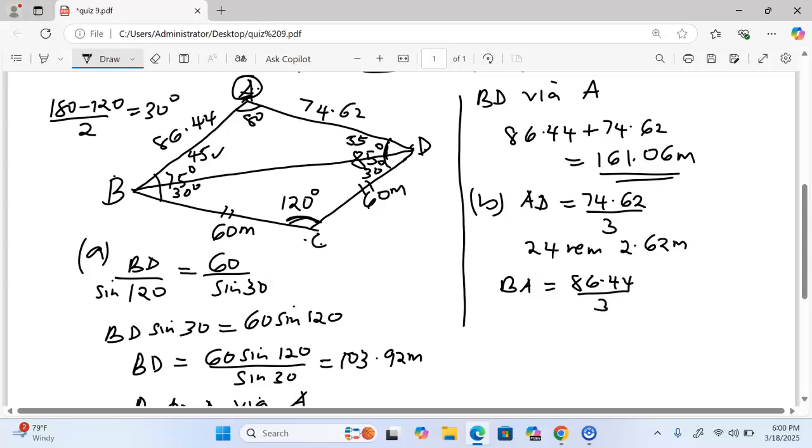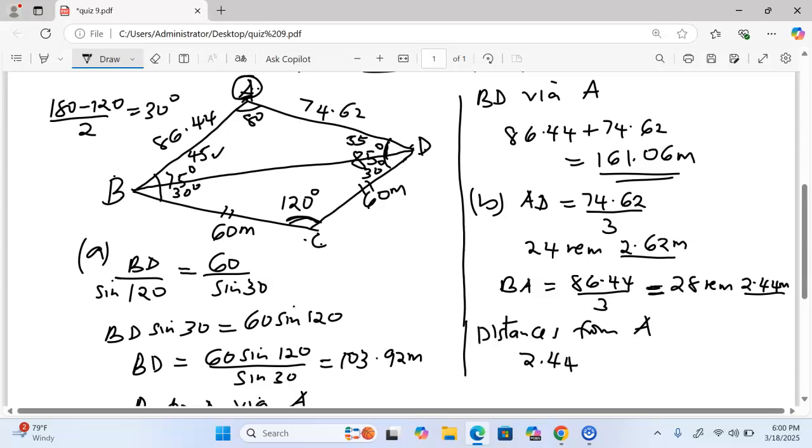You divide by the interval, which is 3, assuming the other intervals are equal, we are going to have 28 remainder 2.44 meters. And in this case now, we are going to use the remainders to get the distances we are looking for. So the distances from our common point A will be 2.44 meters and also 2.62 meters respectively.